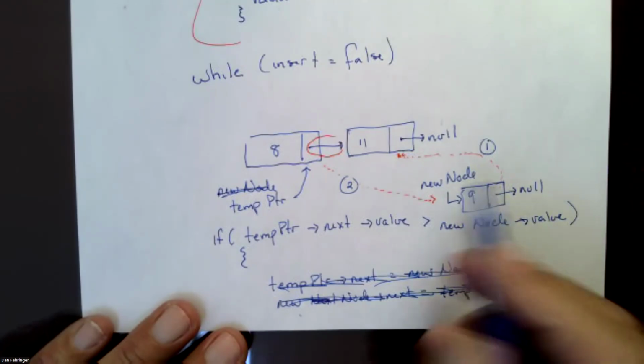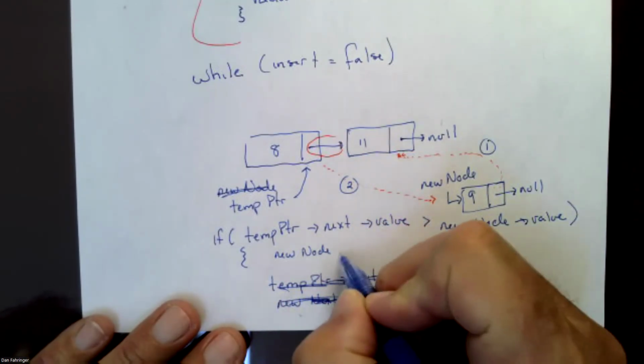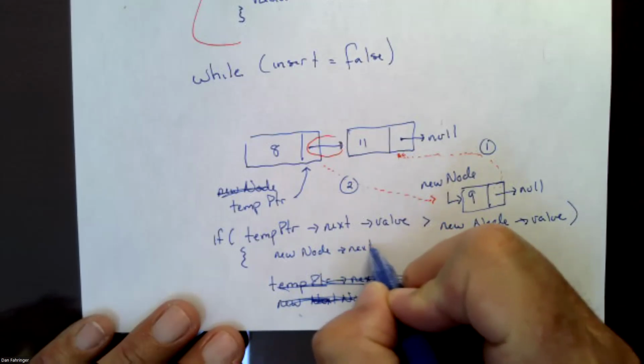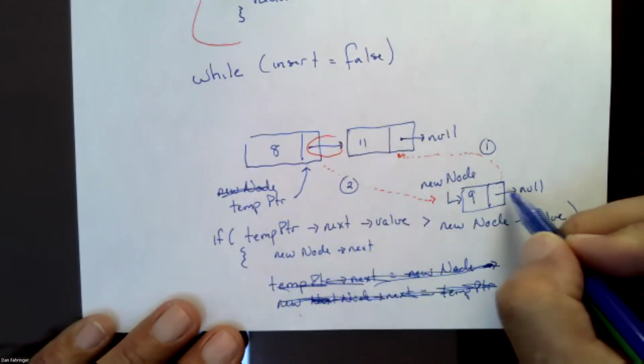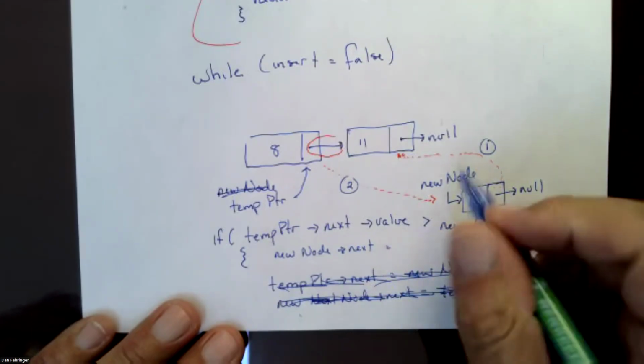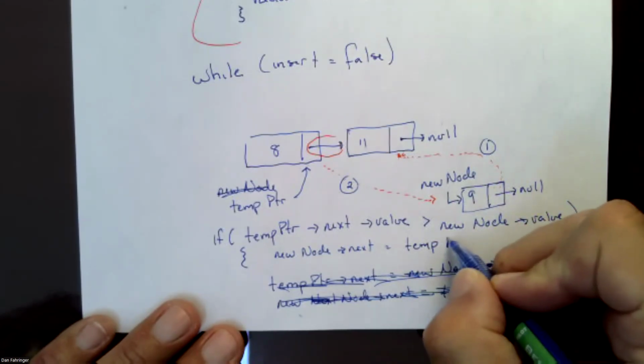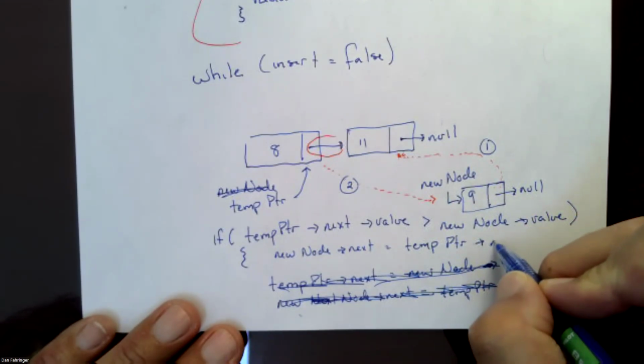First one was this: new node's next. That's this line right here. What address is it going to get? It's going to get the address of temp pointer's next.